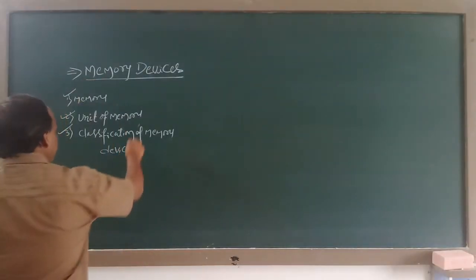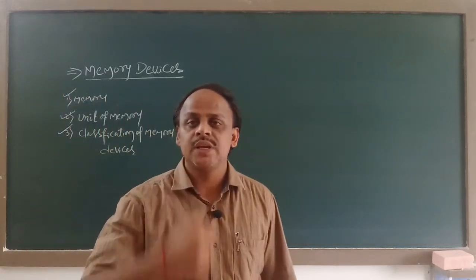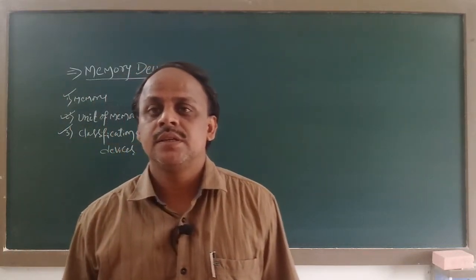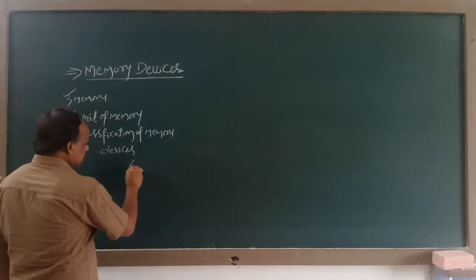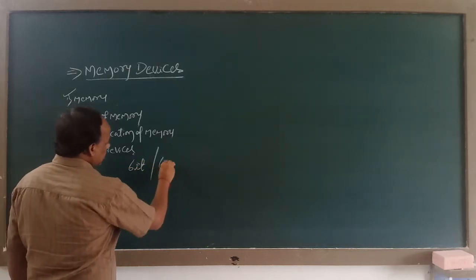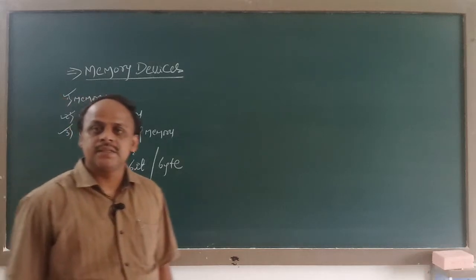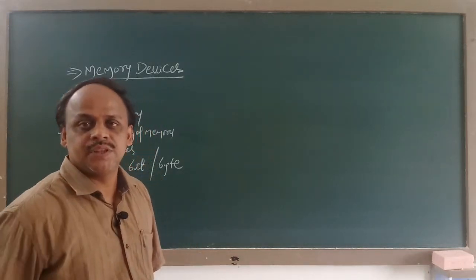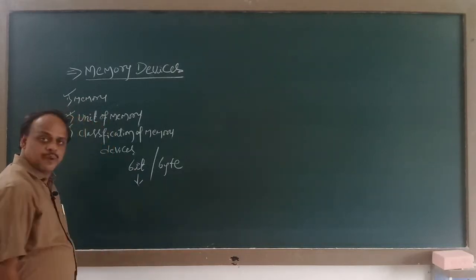Now let us see unit of memory. Unit of memory means how computer memory is going to be measured. Computer memory is going to be measured in either bit or byte. I already discussed this with you, right? What is a bit? It is a unit of memory.